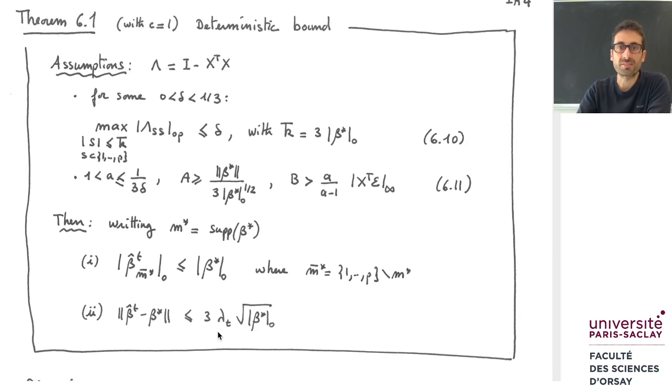So the bound becomes better and better, but maybe we can stop at some point and not lose too much compared to t equal to infinity, right? So we have to determine for which value of t we have an interesting result. So this is what we will discuss now, the choice of t and the choice of capital A and capital B.